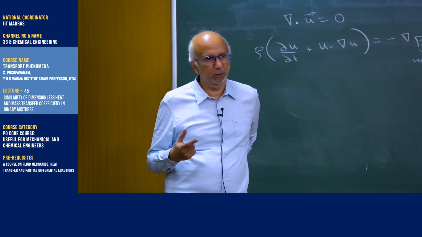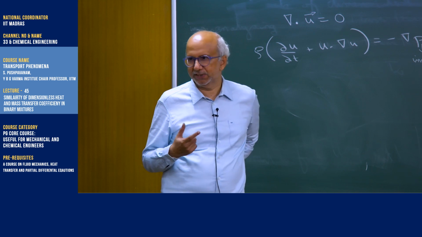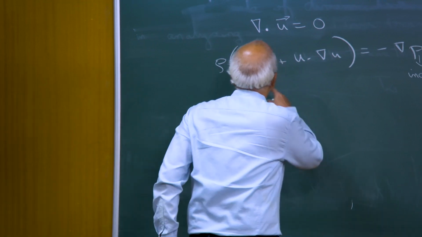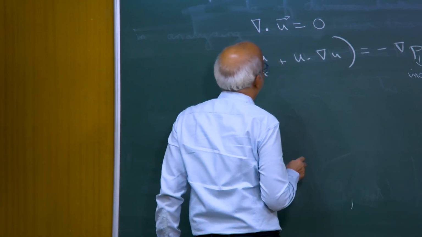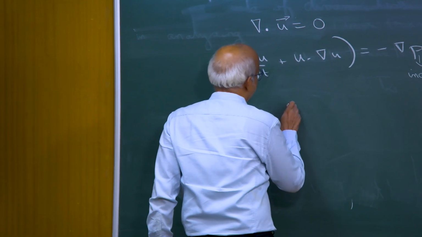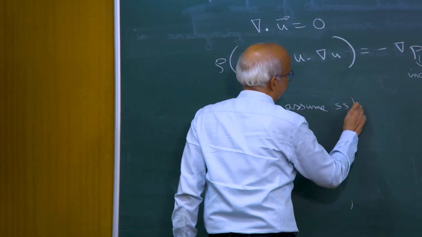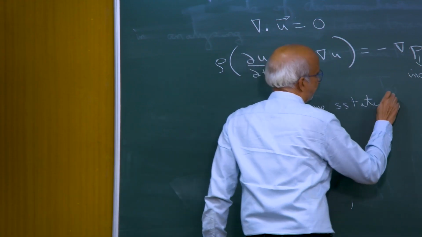And again, to make my life simple, maybe I will just look at the steady state problem. You do not have to do the steady state problem because I can choose the t characteristic properly, but let us also assume steady state, although not necessary.